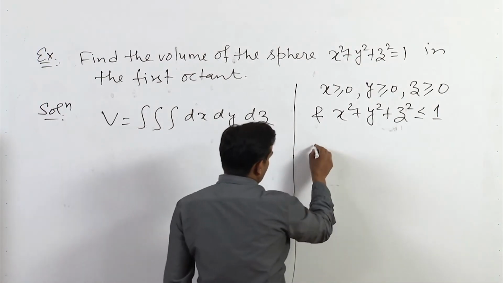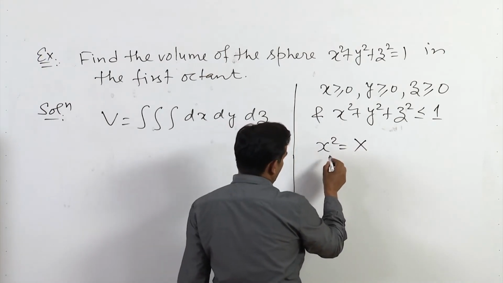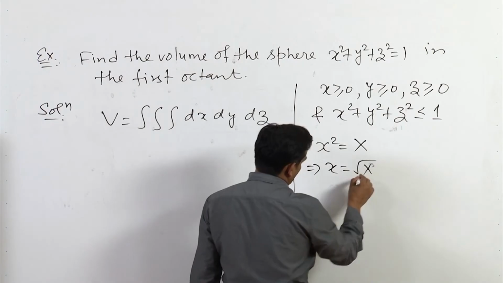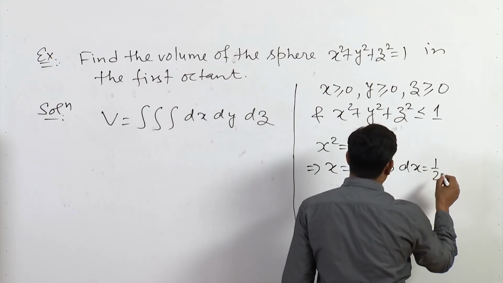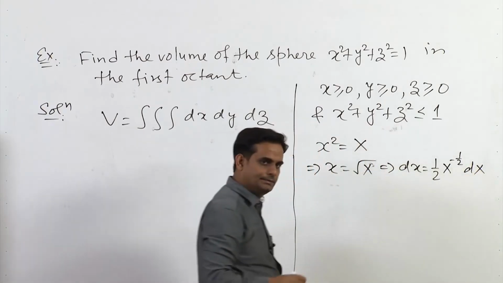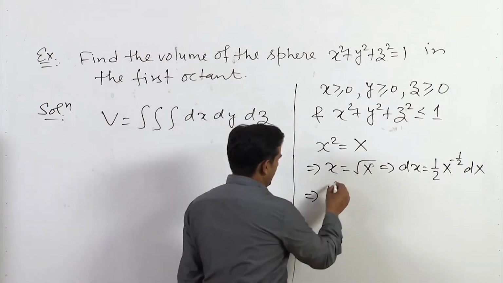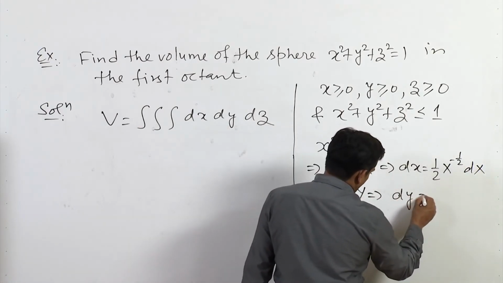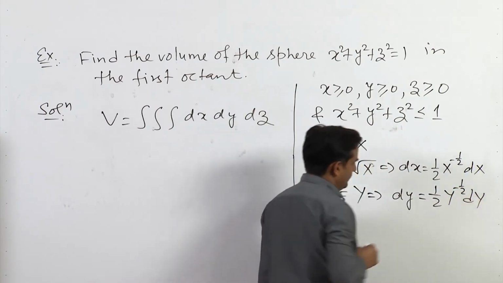So, let us make, like the earlier example, x square equals capital X. So, here x will become root capital X. From here dx will be 1 by 2 capital X raised to power minus 1 by 2 dX. Similarly, let us say y square equals capital Y. This will give dy equals 1 by 2 capital Y raised to power minus half dY.